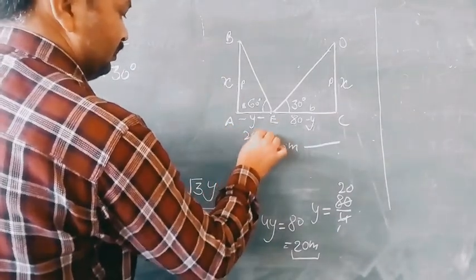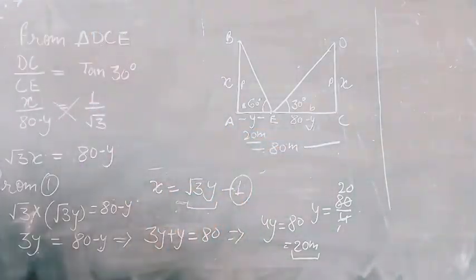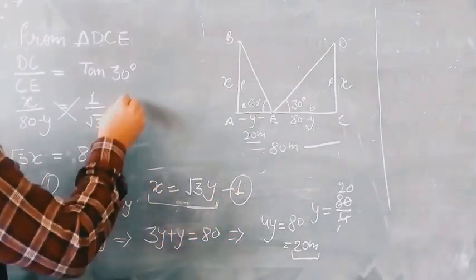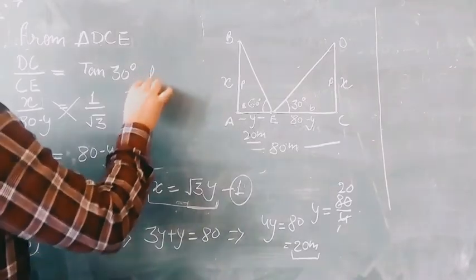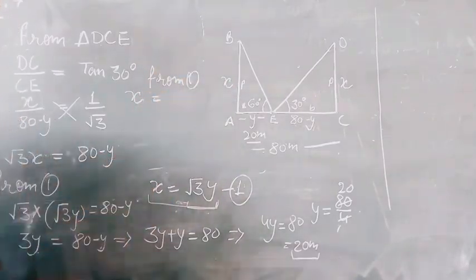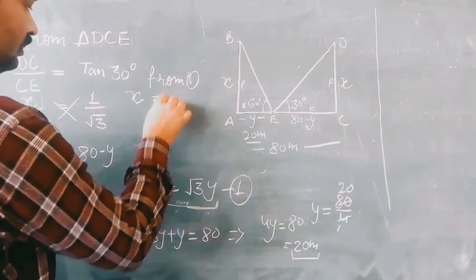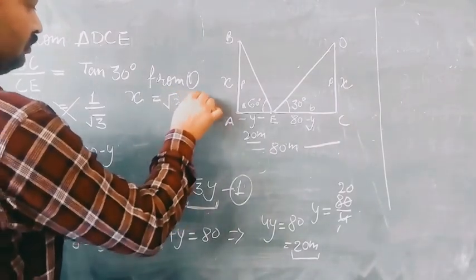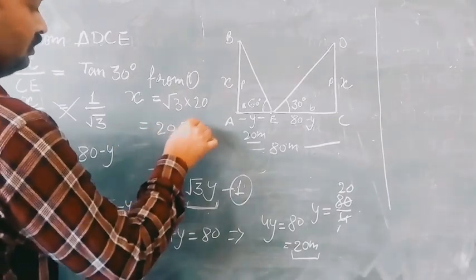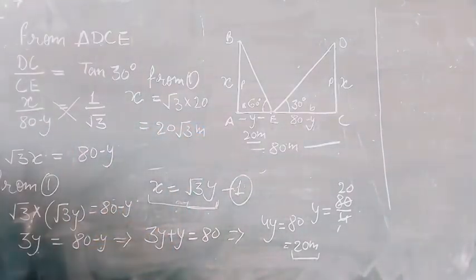Means the distance of point E from A will be 20 meters. So let us find x first of all. So x will be equal to square root 3 y. So from equation 1, x will be square root 3 and the value of y is 20. So multiply by 20. Means it is 20 square root 3 meters.